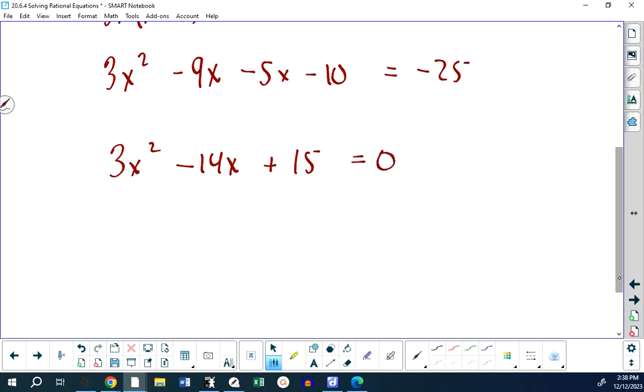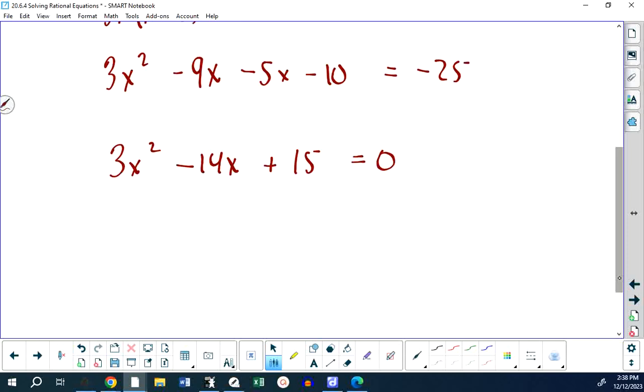So I'm glad that I'm seeing some of you grab a calculator because I'm assuming you're calculating b squared minus 4ac. 476.